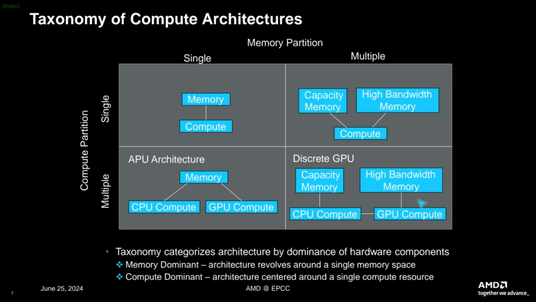I do want to mention that in our current hardware, memory really dominates the architecture today. And in the APU, we're dealing with a single memory space. So we don't have to worry about where the memory is, and both of the compute units use the same memory. In the discrete GPU, we have separate memory for each of the devices. And there's a few variants of this.